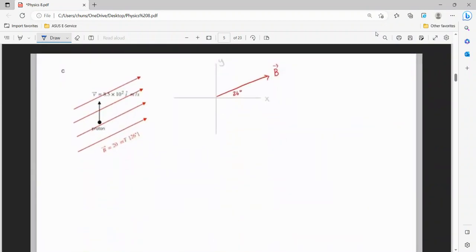So now, if we did this with an angle, now that the angle formed between them is this angle right here, so that is 90 minus 26. This is 64 degrees between them.